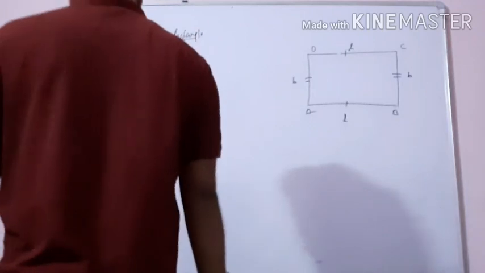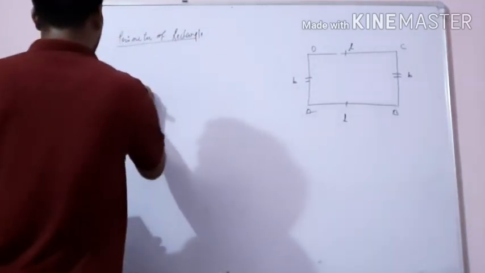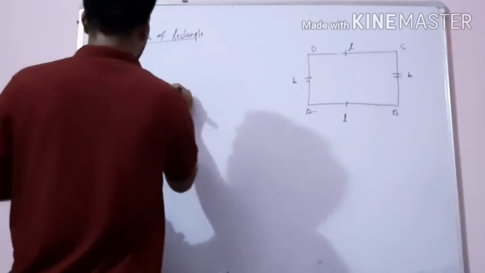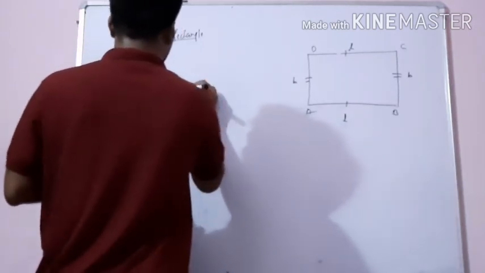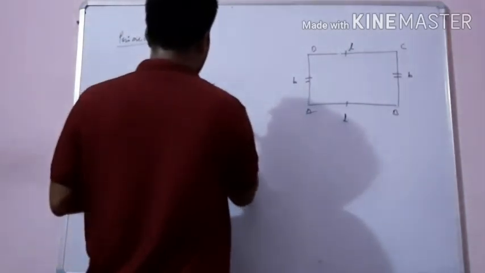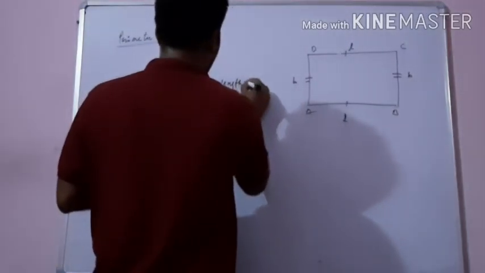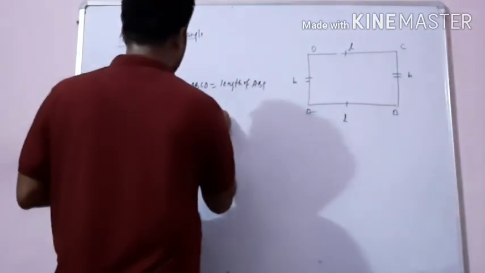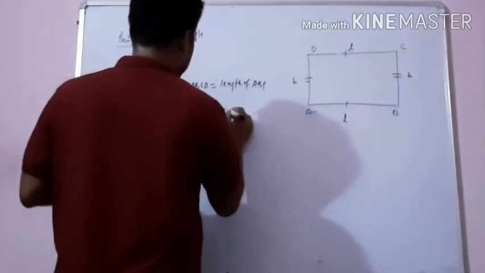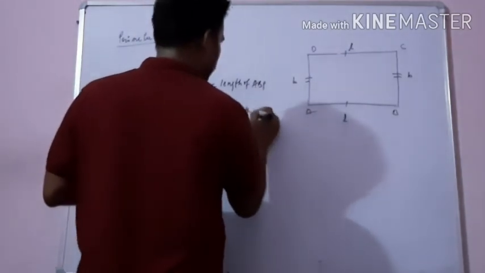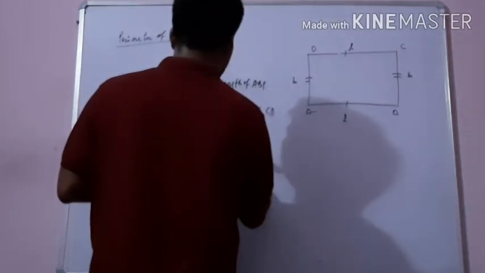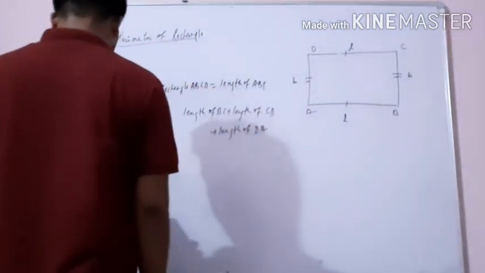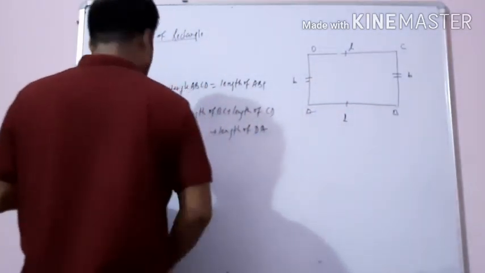Now the perimeter of rectangle ABCD is given by length of AB plus length of BC plus length of CD plus length of DA.